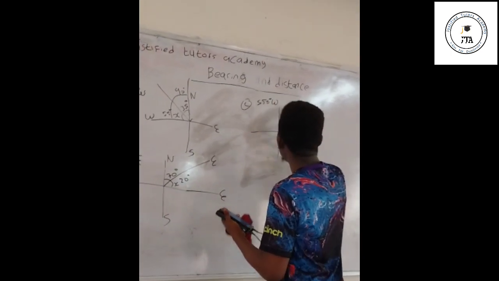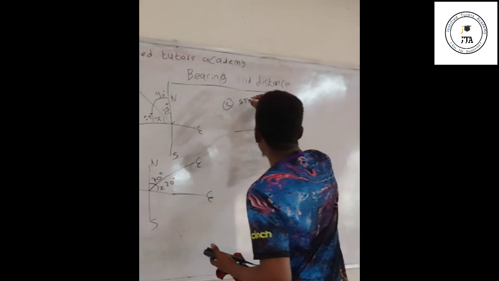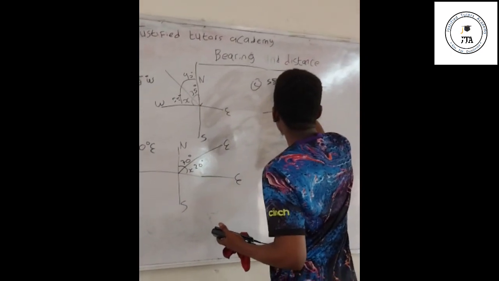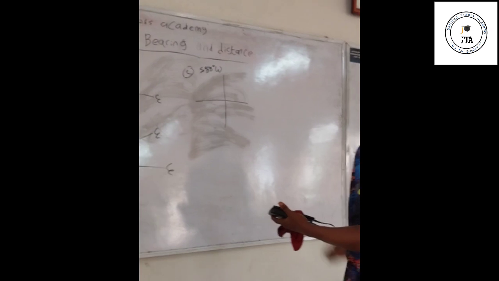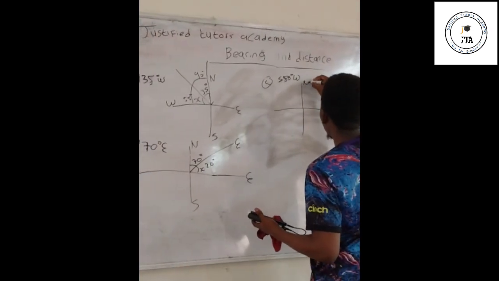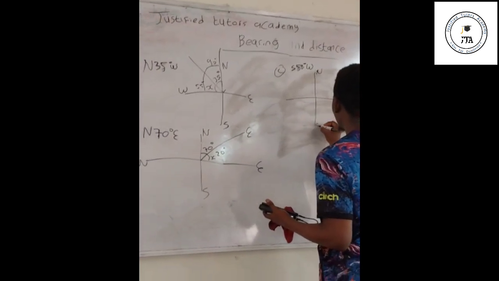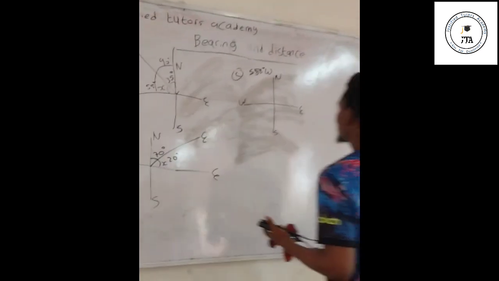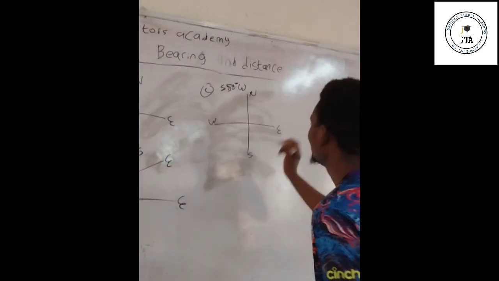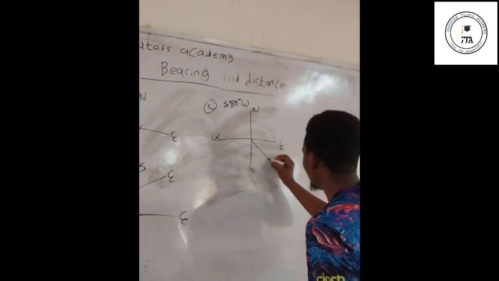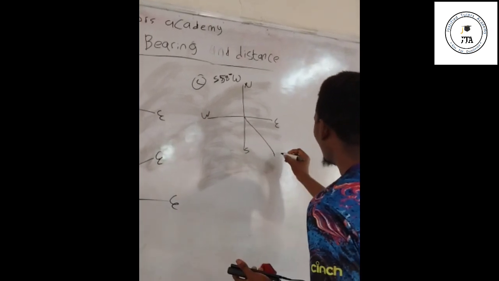It says south 58° west. North, east, south, west. Where will this one be? Very simple. At this point here like this.